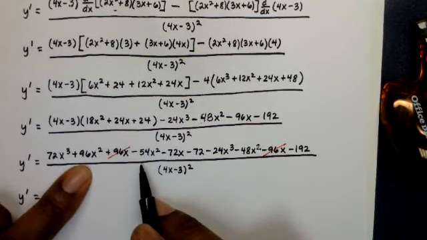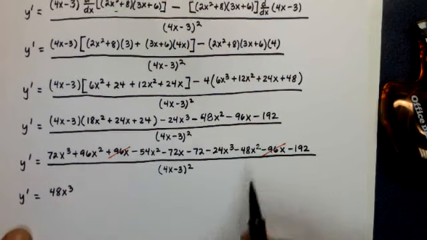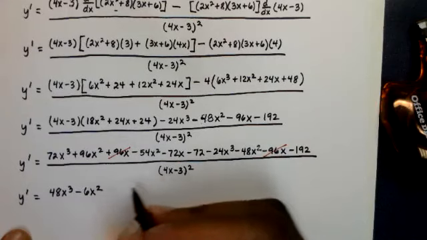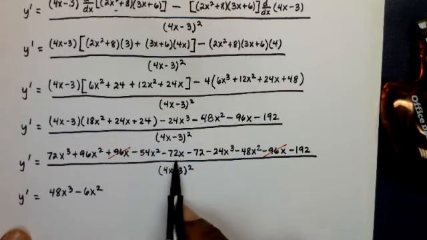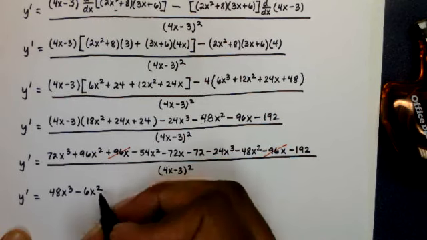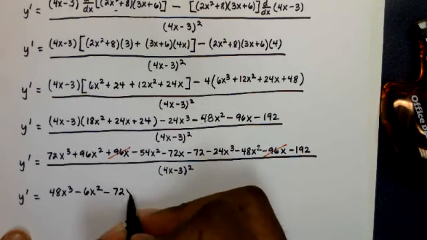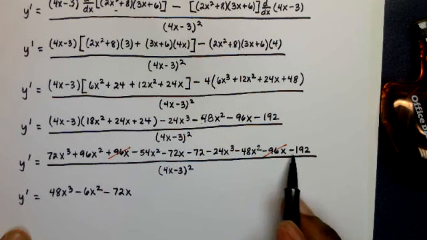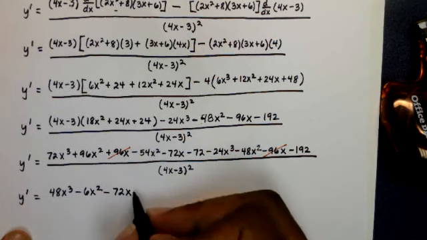96x squared minus 54x squared would be 42x squared. 42x squared minus 48x squared would be a minus 6x squared. And then I've got minus 72x, which is all I have. And then minus 72 and a minus 192 would be minus 264.